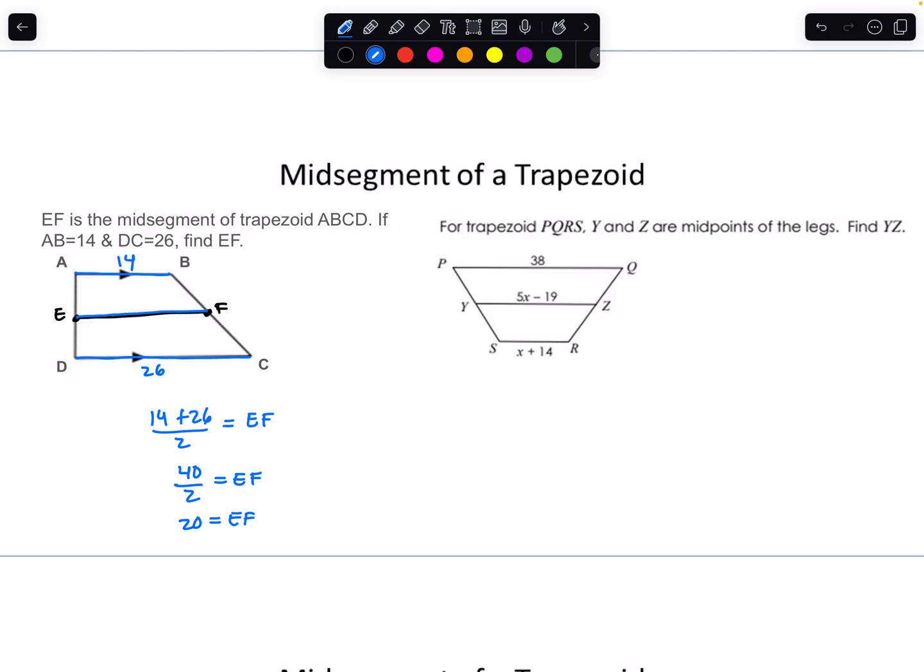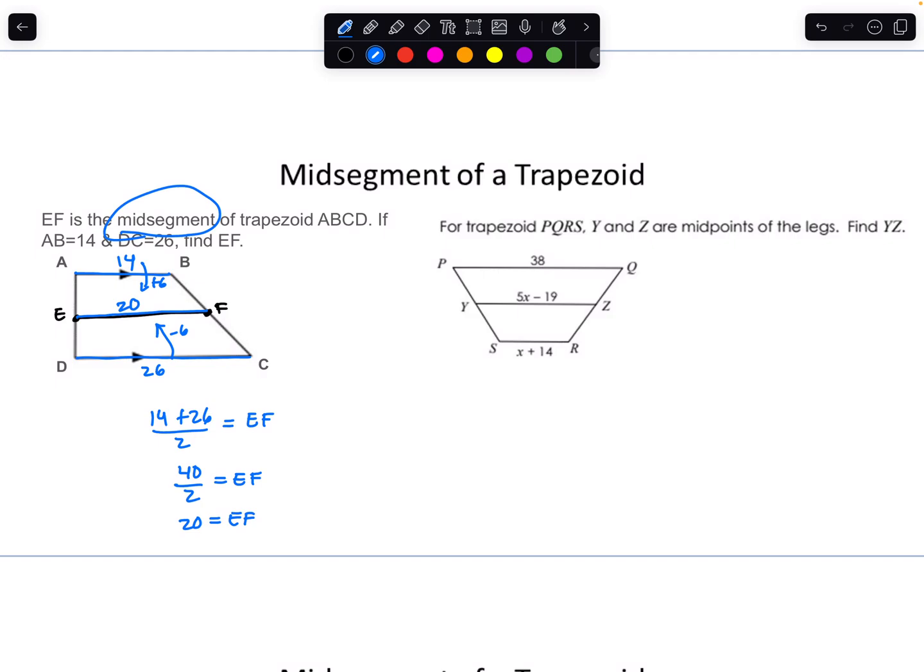Notice how 20 is 6 units above and 6 units below. It's exactly in the middle, hence the name mid-segment, a segment in the middle of the two distances.